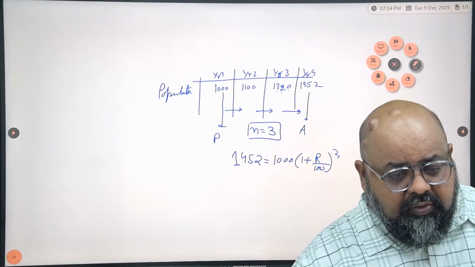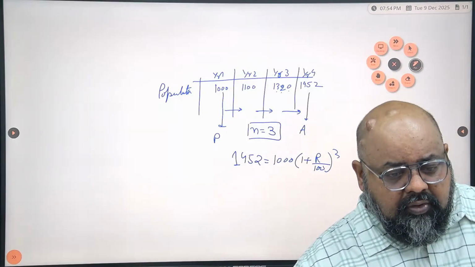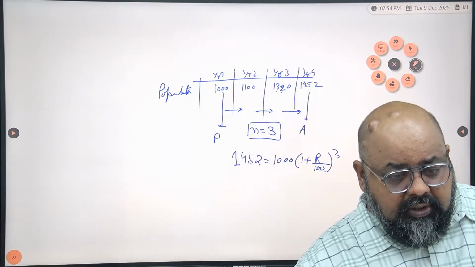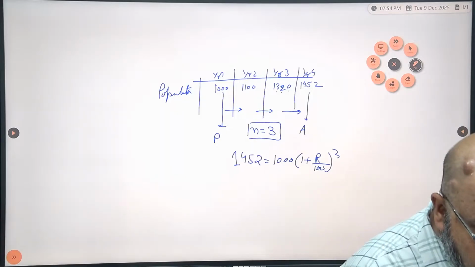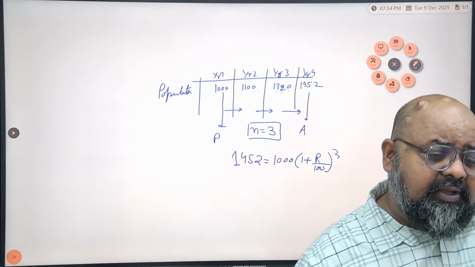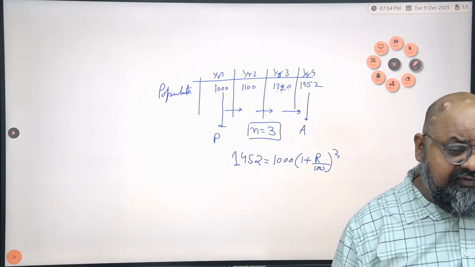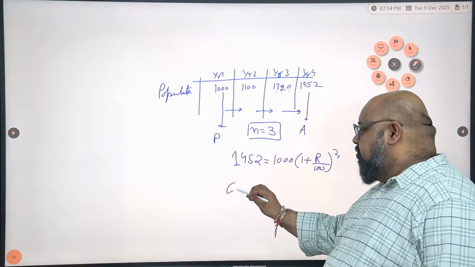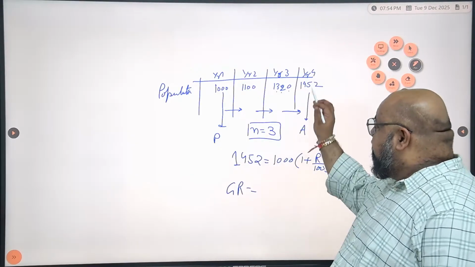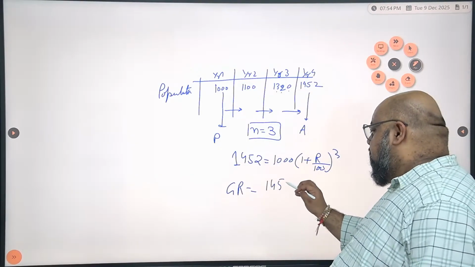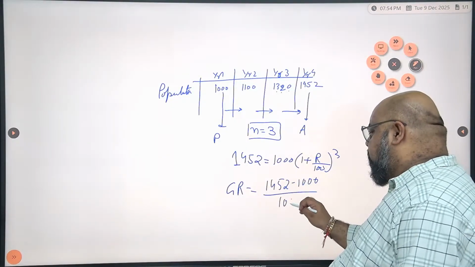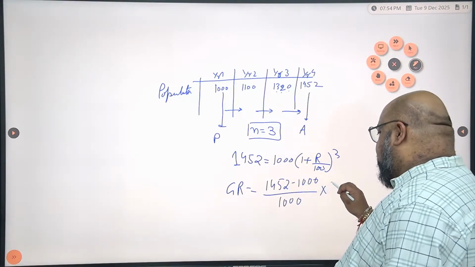Is this okay now? Okay. SAGR में कुछ नहीं, SAGR में find out the growth rate divided by the number of years. So अगर मैं SAGR निकाल रहा हूँ यहाँ पे, so first of all I will find out the overall growth rate. Overall growth rate क्या है? 1452 minus 1000 upon 1000 into 100. ये growth rate आ गया, है ना?